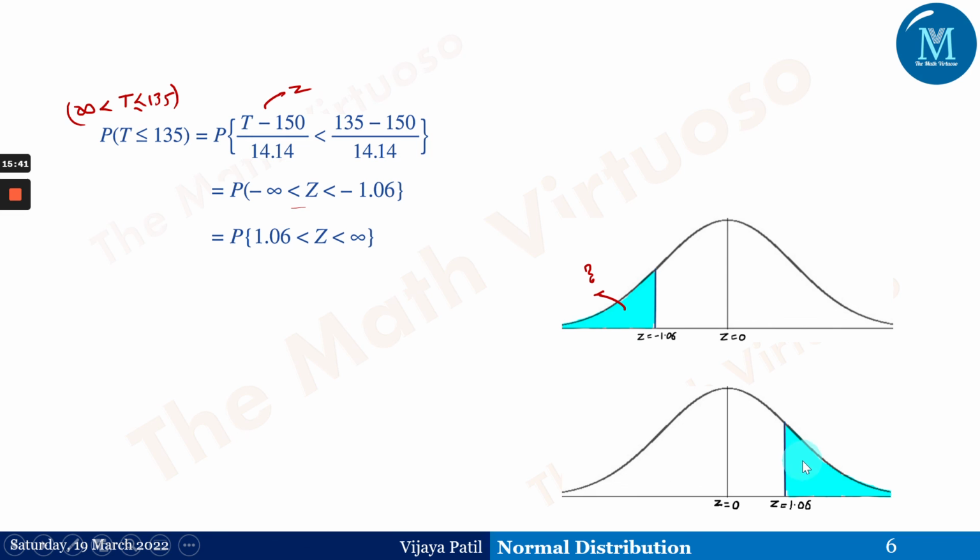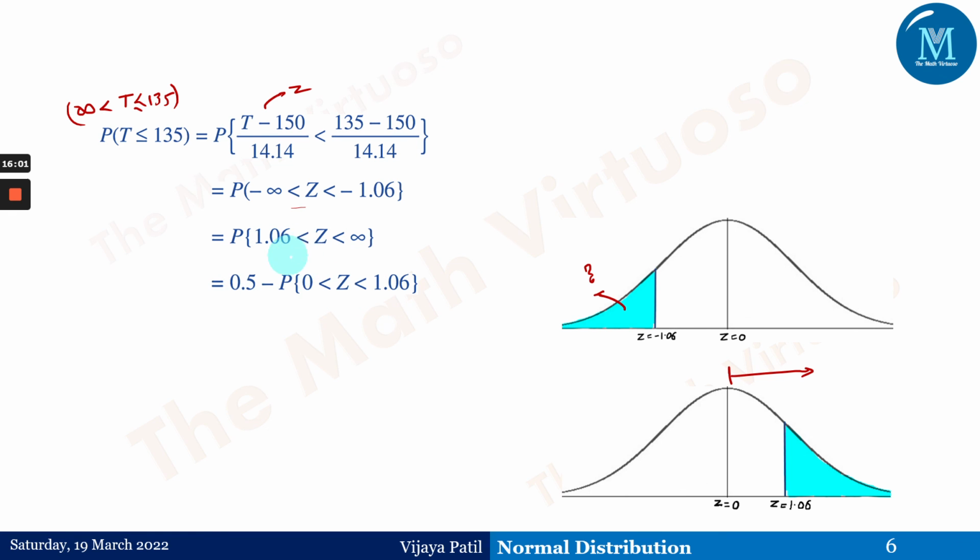And why are we doing so? Because we need to use the standard normal table, which gives us the area only in the positive values. That's the reason, because of the symmetry, we could write this as probability 1.06 less than z less than infinity.